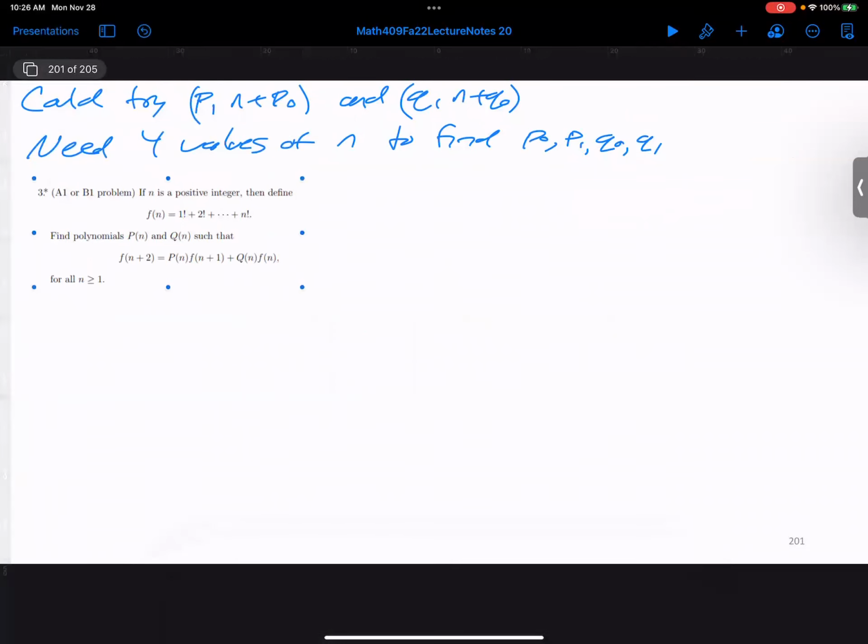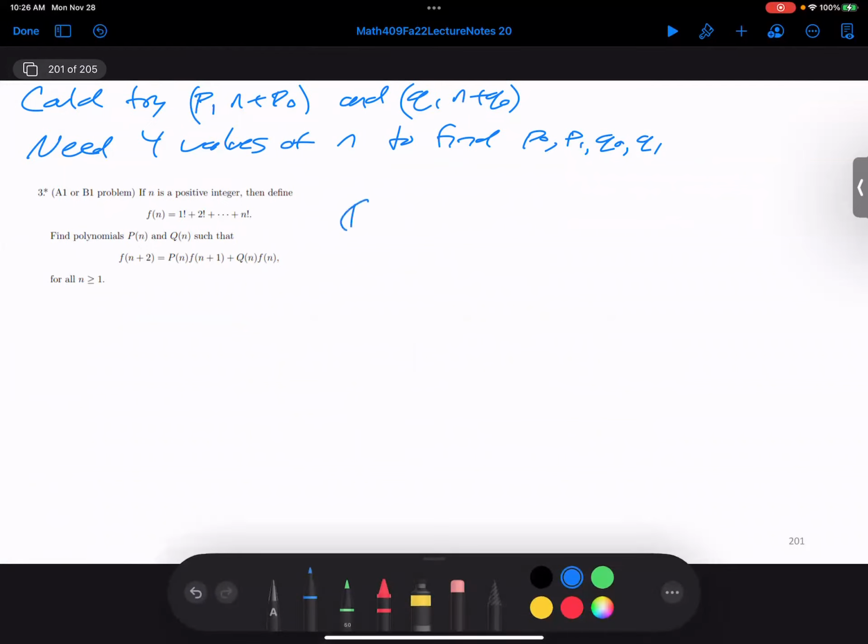So, again, let's say we conjecture P of n is, we said it was n plus 3, right? And Q of n was negative n minus 2. Can we prove by induction?